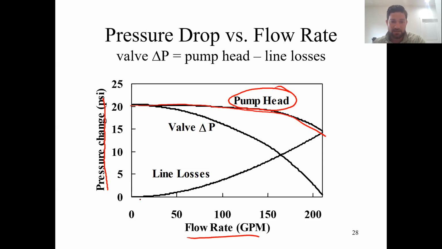Again, line losses for this particular system, maybe there's more fittings and elbows, so we can see that the line losses are going to look like this. So what happens at the point right here? At the point where the line losses are equal to the pump generation, what happens here? What if we try to increase the flow rate?